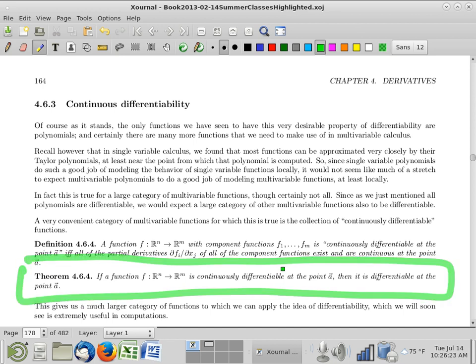is that if a function is continuously differentiable, then it is also differentiable. In other words, this easier to check condition, this downright easy to check condition, always gives you, as a result, the much more sophisticated and deep sense of differentiability.